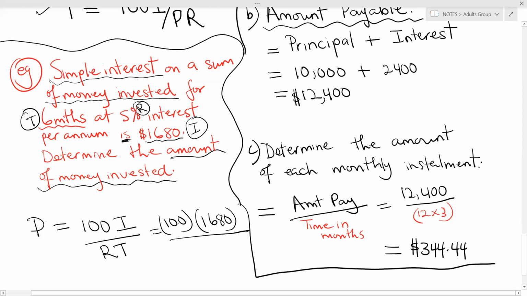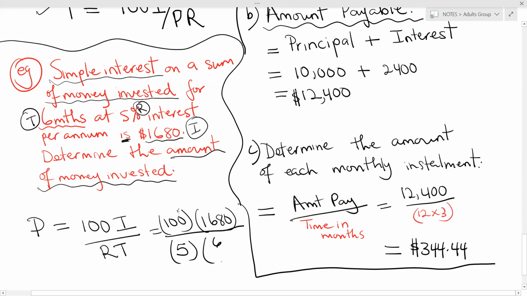So 100 by the 1680 by the rate, which is 5. Of course, the 100 is already here, so you don't need to put in another 100 by time, which is, how much is the time? 6 months, but remember it's time in years.